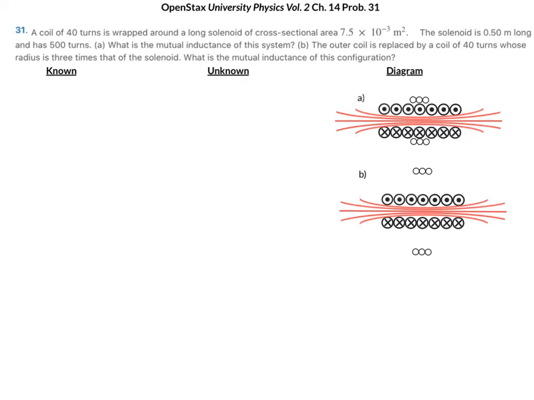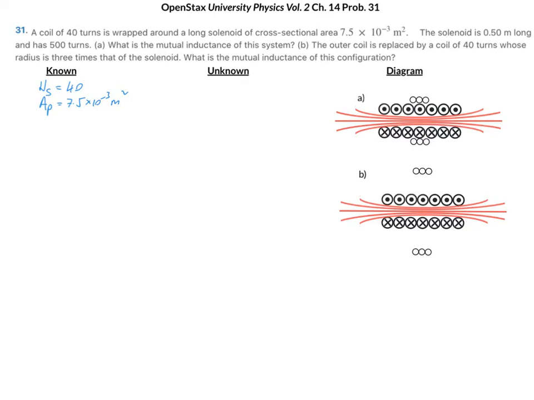I'm going to call everything related to the solenoid the primary and everything pertaining to the coil the secondary. So the number of turns of the secondary is 40. We know that the solenoid has a cross-sectional area of 7.5 times 10 to the negative 3 square meters, A primary, and actually this cross-sectional area is the same for the solenoid and for the coil itself.